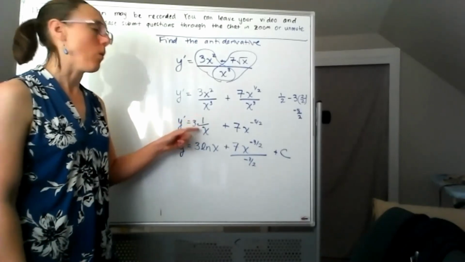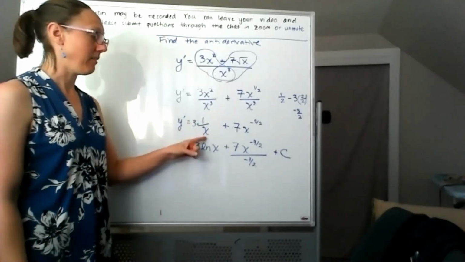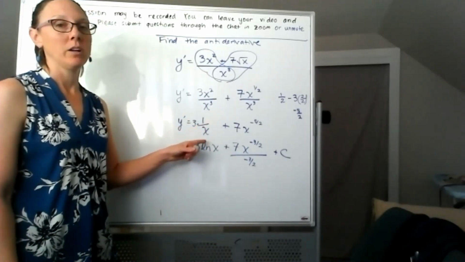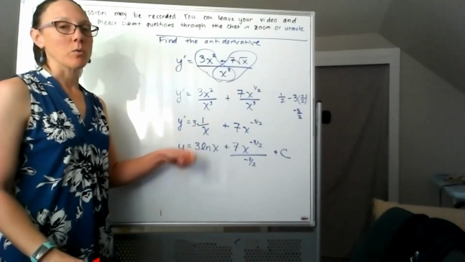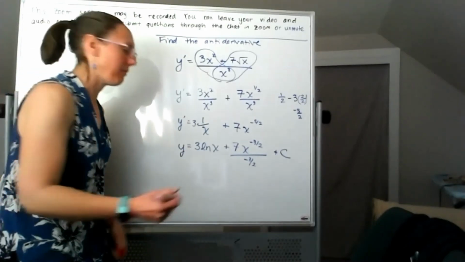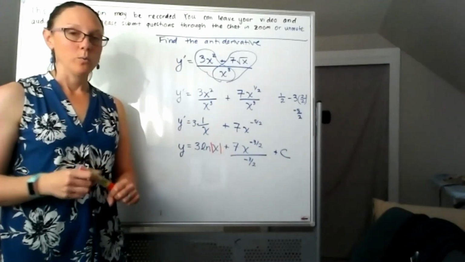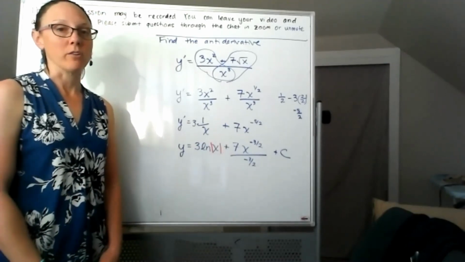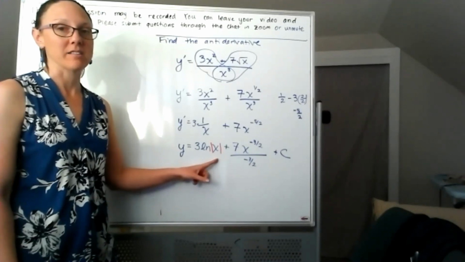So if I think about 1 over x, the only value that we're not allowed to plug in to this is 0. We can plug in both positive and negative values. So in order to preserve that domain when we're finding the antiderivative, we say that the antiderivative of 1 over x is natural log of absolute value of x.